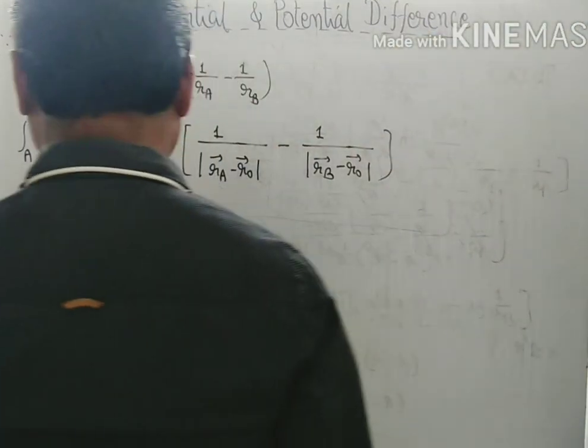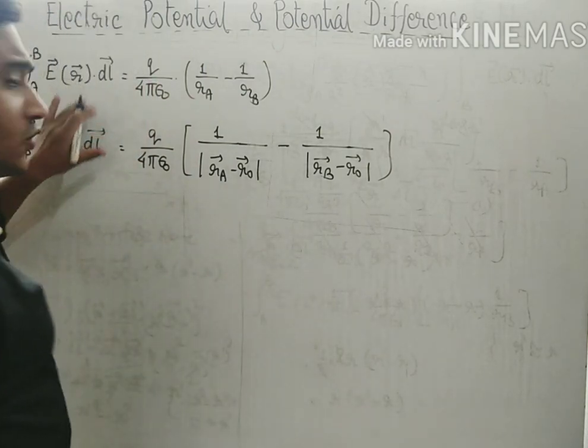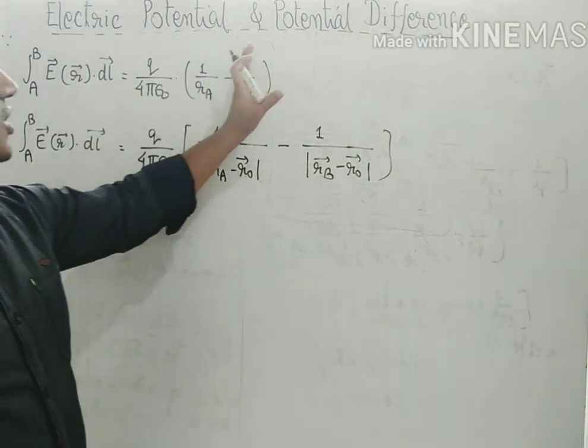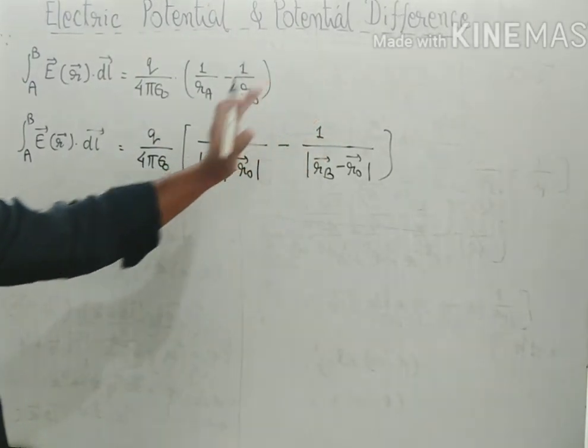Now what do we do here? We rewrite these two equations, taking this term as the first term and this term as the second term.